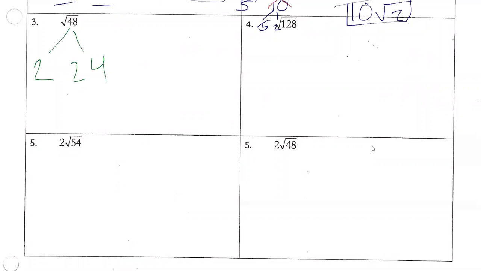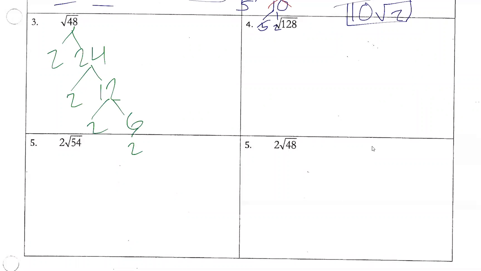Here, I'm going to write that just a little bit smaller. We could keep doing that. We could keep cutting it in half. So that would be 2 and 12. That would be 2 and 6. And then we could do it one more time. So that would be 2 and 3. Like I said, you don't have to cross them out, but it might be helpful.